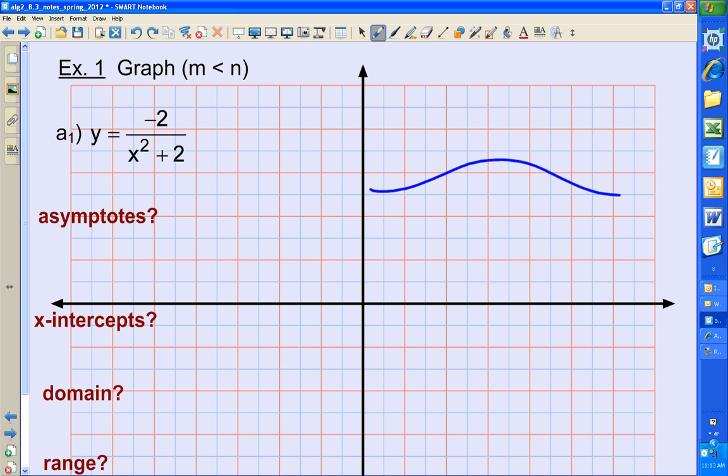Either like that, or like that. Those are called bell-shaped curves. So whenever you have a number on the top and a variable squared plus a number on the bottom, you will get a bell shape. And it's good to be able to know what to expect in your graph before you start.